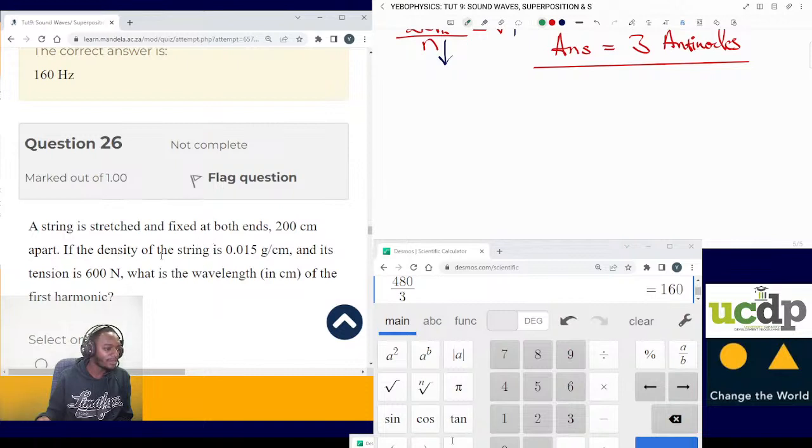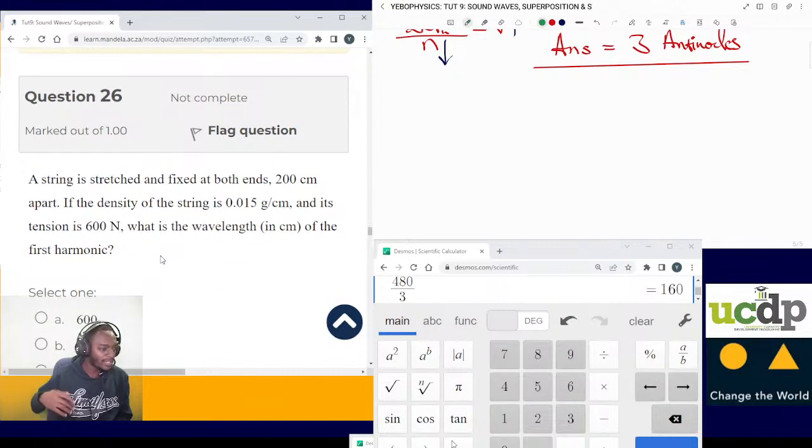Yes, question 26. Probably there could be another way of doing it, but that would be a longer way of solving the problem. It says the string is stretched and fixed at both ends, meaning it's like this, and it's like this.